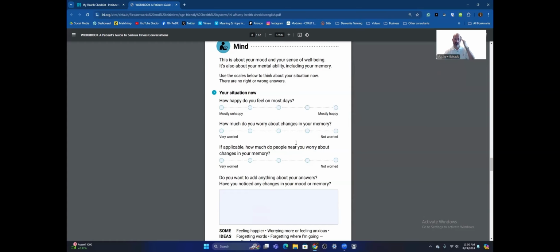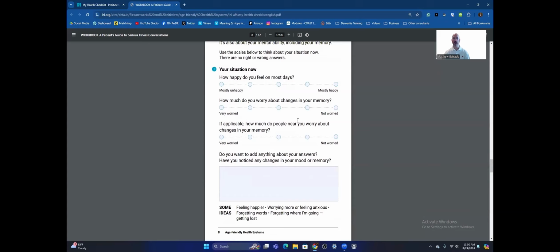This is neat because it gives you these different questions right here, and you answer on a 5-point scale, from not worried to worried, or mostly unhappy to mostly happy. So this is going to be good information. This is something that your physician should be asking you as well, sort of like screening for your mood, like potentially depression. Most older adults will get this and should get this. Actually, all adults should get this.